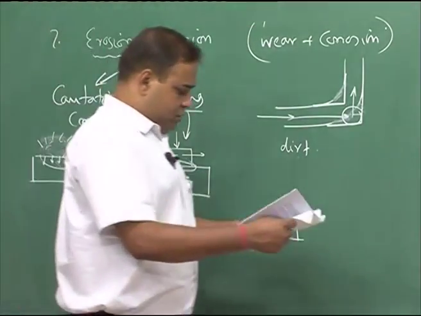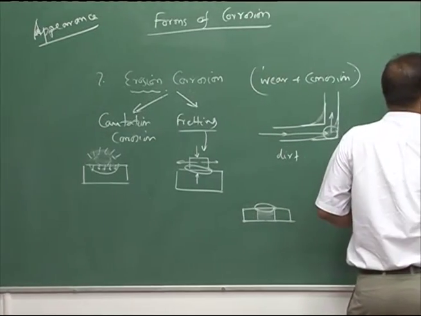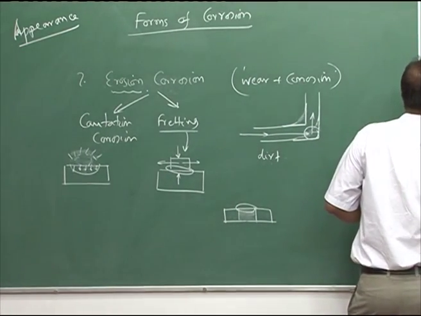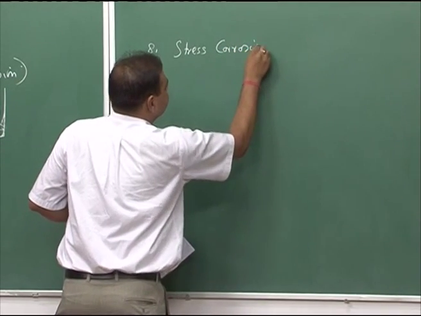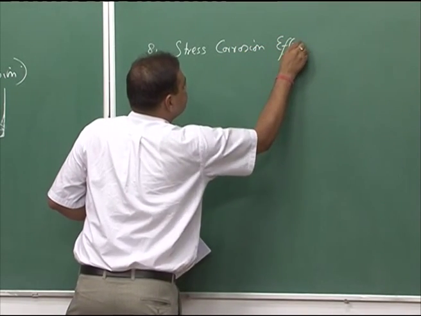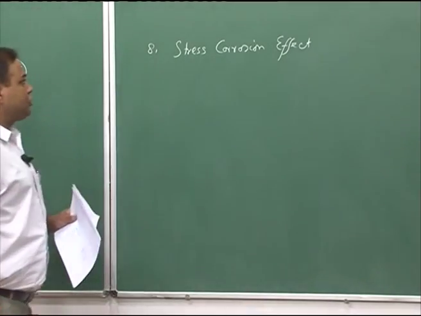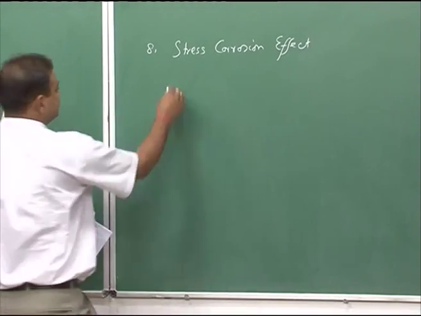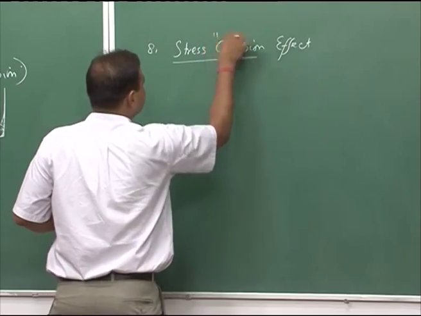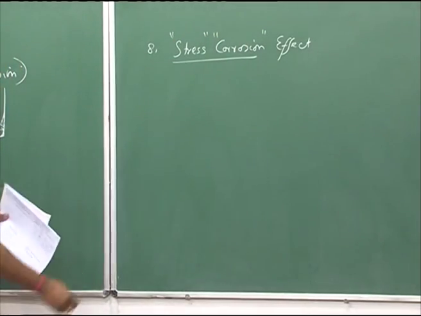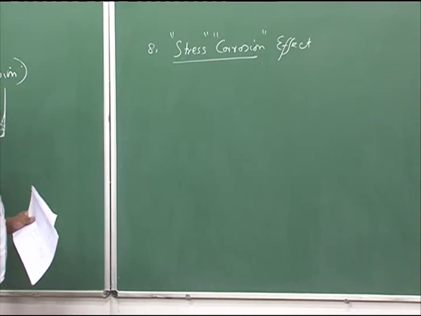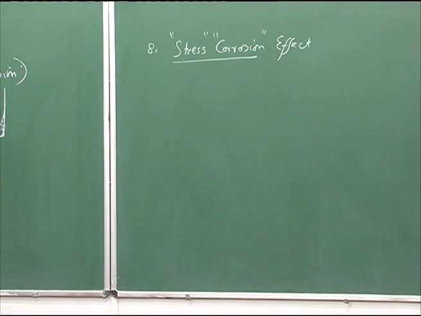Now, the eighth one is the stress corrosion effect. The name suggests that there would be a corrosion effect as well as a stress effect, and the stress is nothing but the tensile stress component.